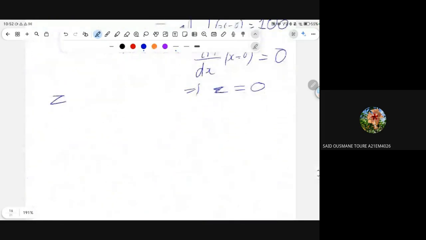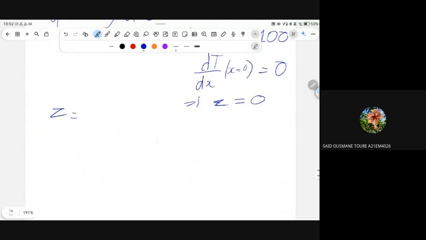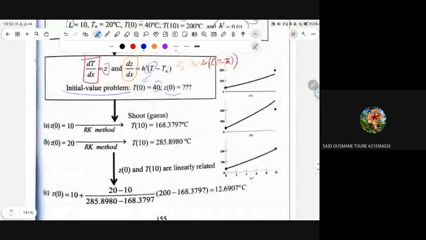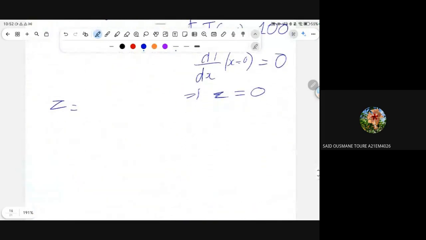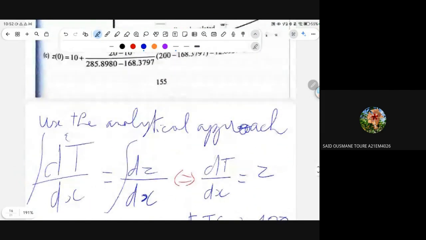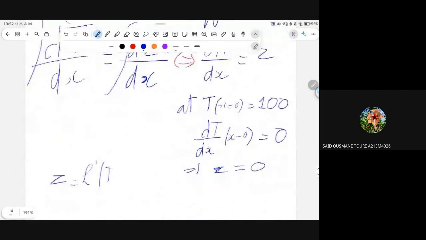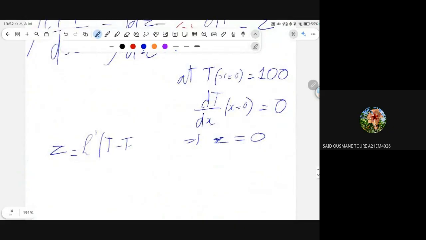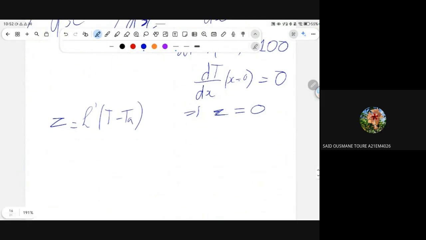So you also know that z equals h (t minus ta). Here it is t minus ta. In the exercise it was ta minus t, so be aware. So we assume that z at 1, z1, this is z0 equals 0.